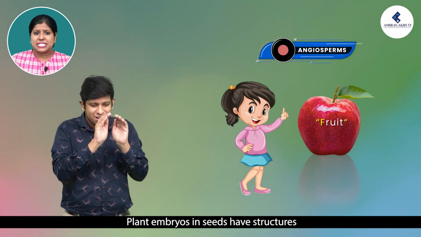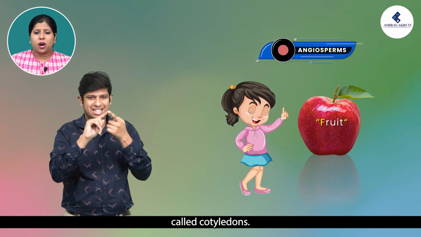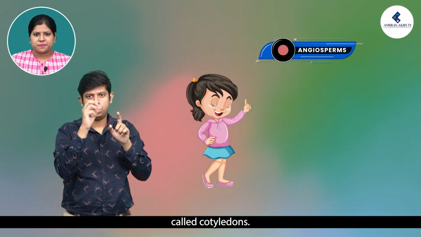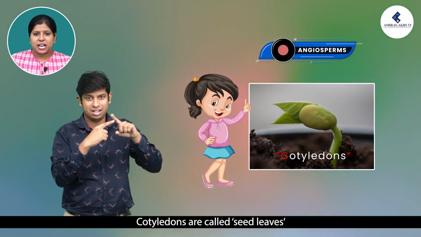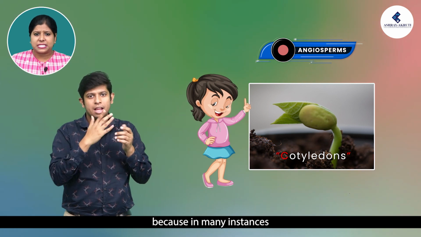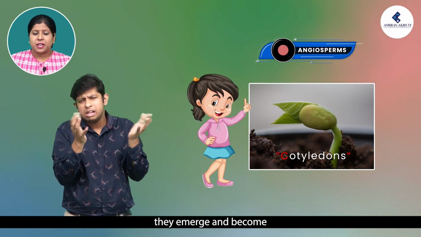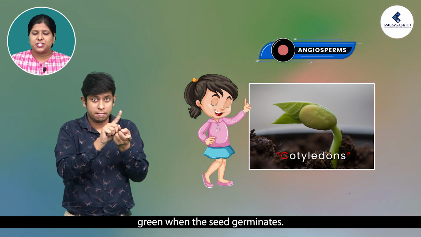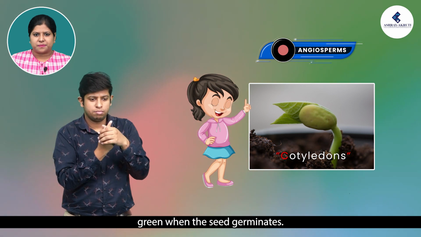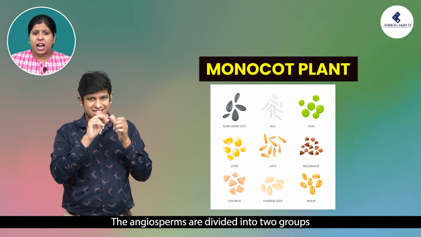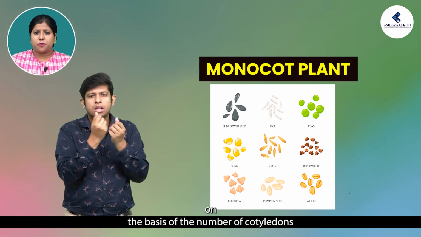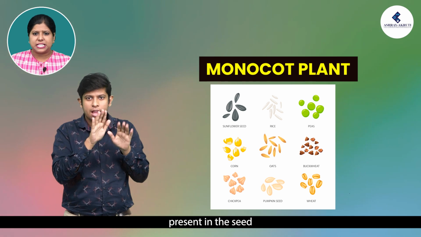Plant embryos in seeds have structures called cotyledons. Cotyledons are called seed leaves because in many instances they emerge and become green when the seed germinates. The angiosperms are divided into two groups on the basis of the number of cotyledons present in the seed.